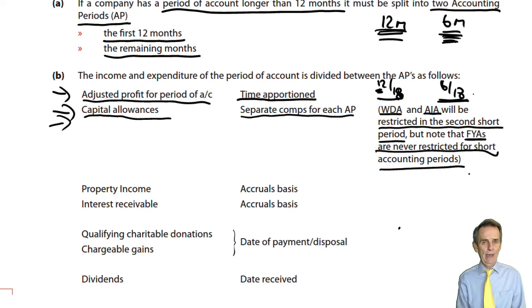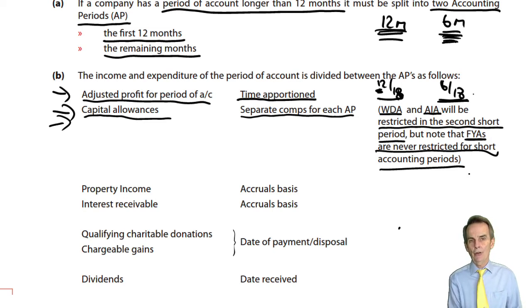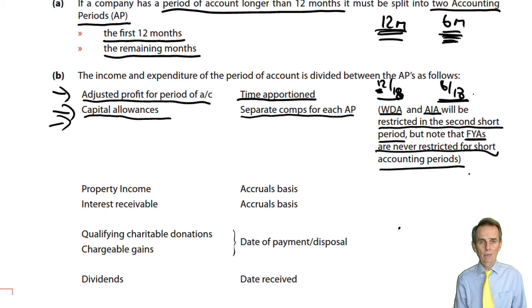So any first year allowances, whether they're now the special, the super deduction, the 130% first year allowance, or as it was for the unincorporated trader, the zero emission cars attracting a first year allowance of 100%, they are totally unaffected by the length of the accounting period. It's a one-off first year allowance, either 130% of the expenditure incurred or 100% if it was a zero emission car. So two separate computations.